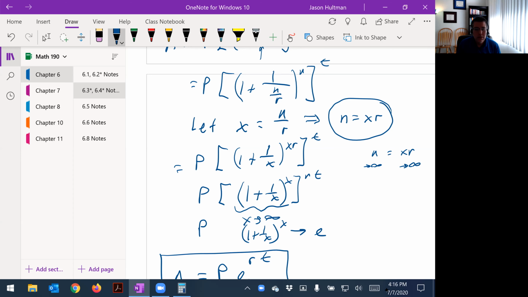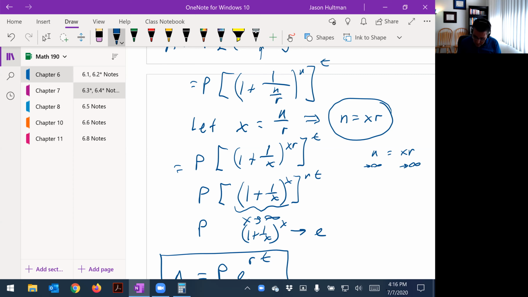Because r is just a constant, it's just a rate. But as n goes to infinity, wouldn't x go to infinity because they're directly proportional? As n gets bigger, x is going to get bigger, and vice versa.